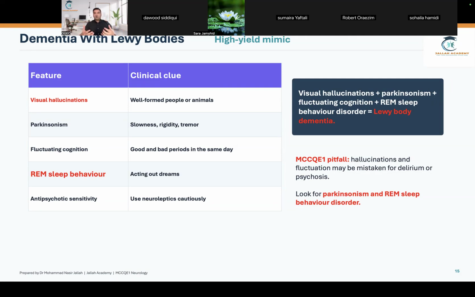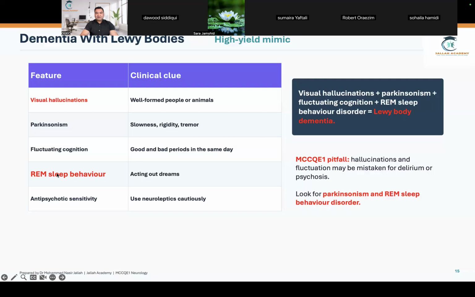For example, he doesn't know his wife, his kids, no one. The next day he knows everybody. So it is a fluctuating condition. There are also good and bad periods in the same day. For example, today I know you in the morning, but I don't know you in the afternoon. So it's fluctuating, getting better and worse.